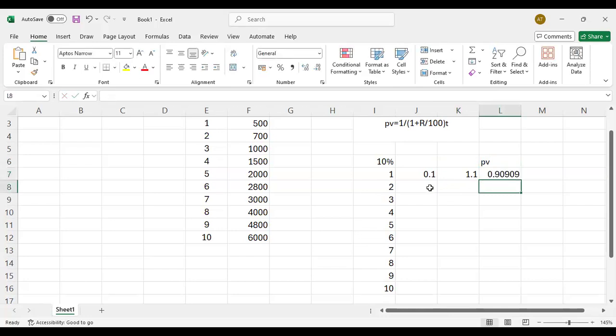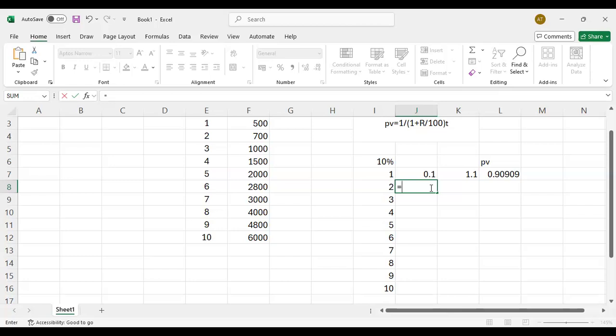For the second year, if I calculate, it is 1.1 into 1.1.